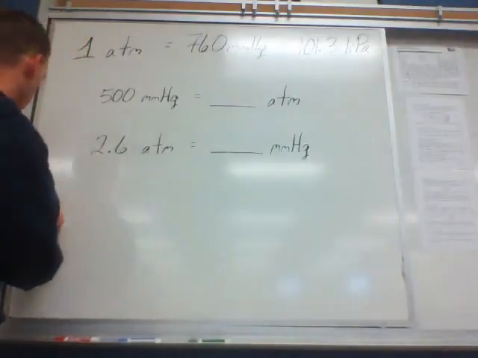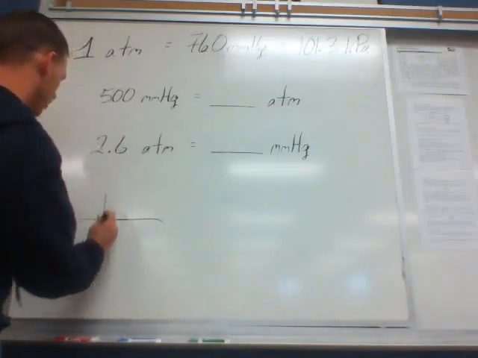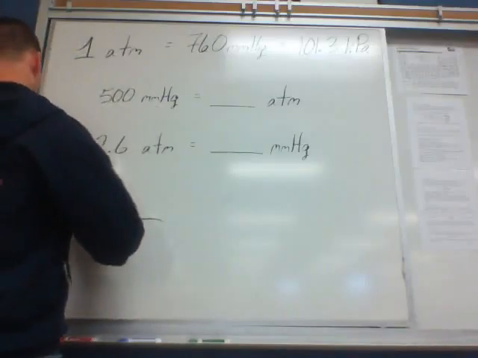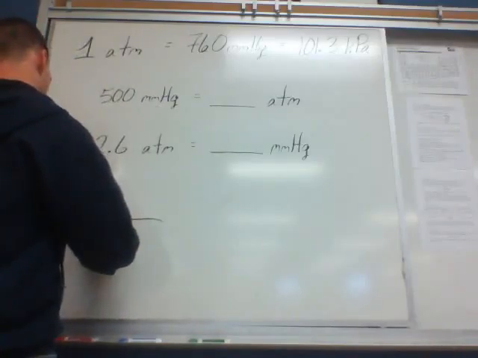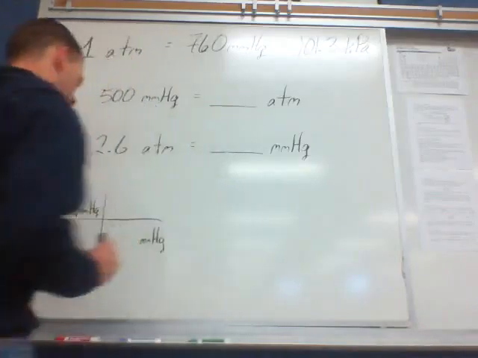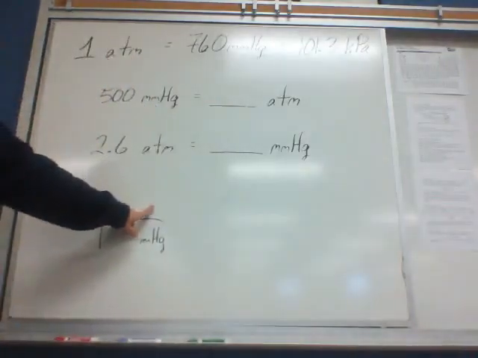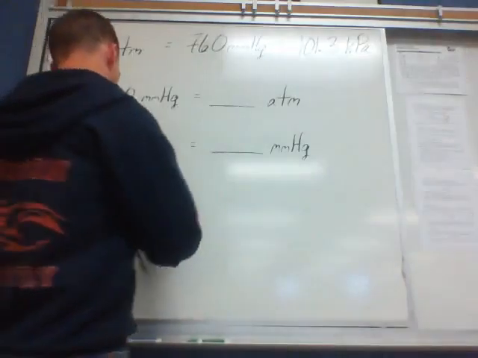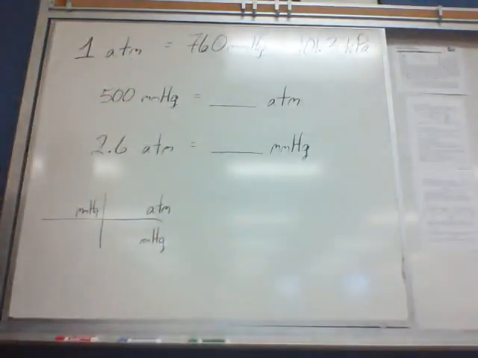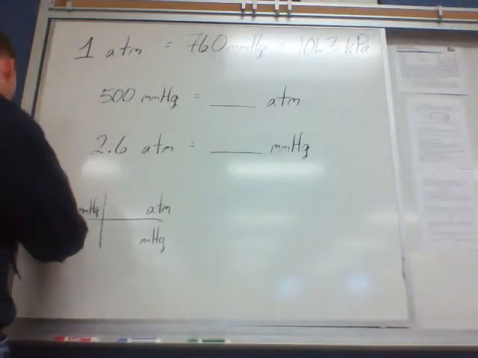In my first problem, as I set up my grid, my given unit is mmHg, which goes in two of the squares, if you follow your cheat sheet. My unknown unit, which is atmospheres, goes in one of the squares. My given number is 500.